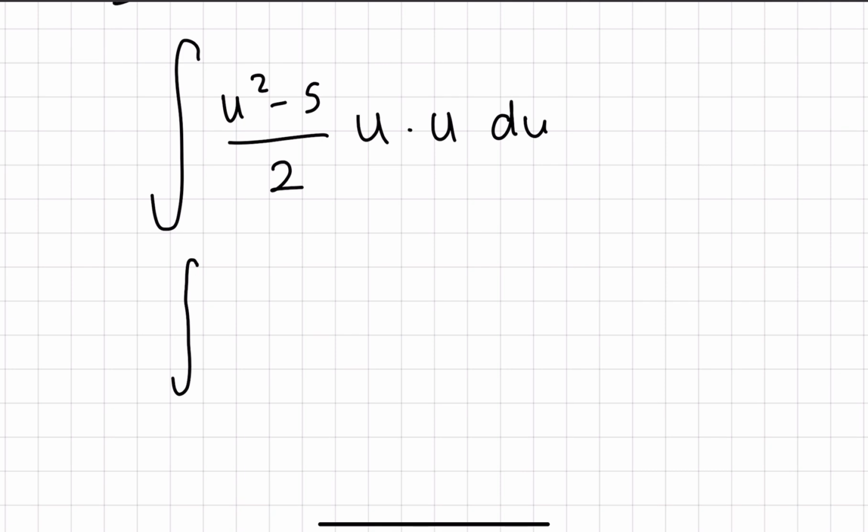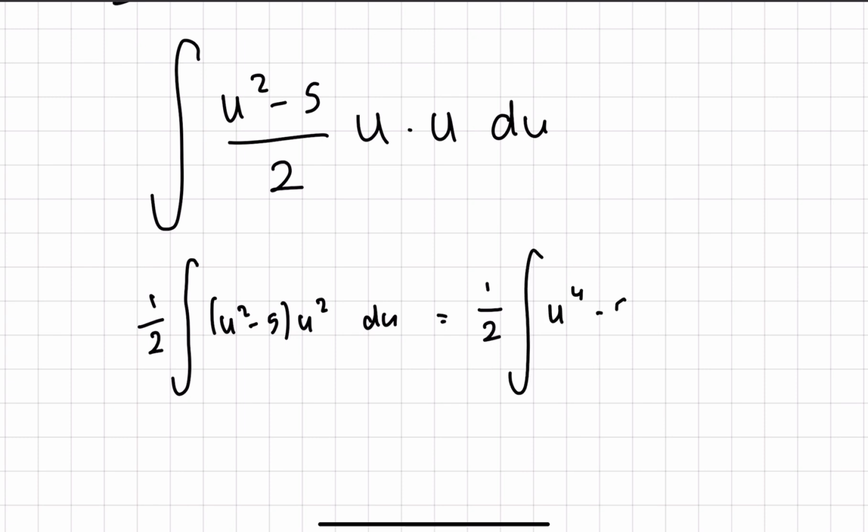So we're going to get u squared minus 5. I'm going to pull the half out. U squared minus 5 times u squared du. So I'm going to get half, u to the 4 minus 5u squared, du.